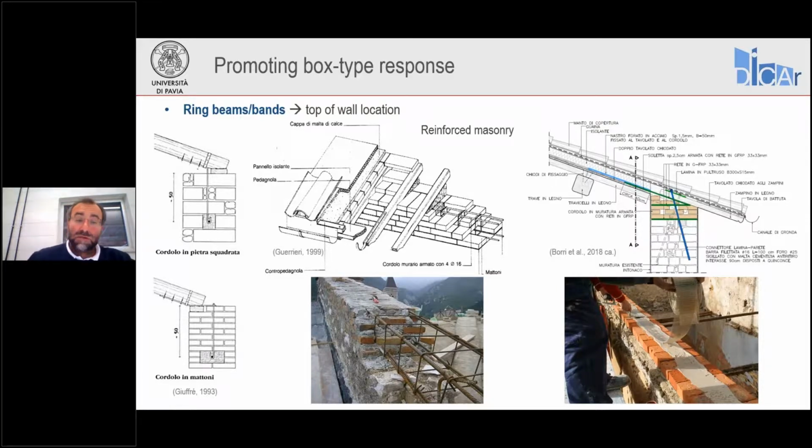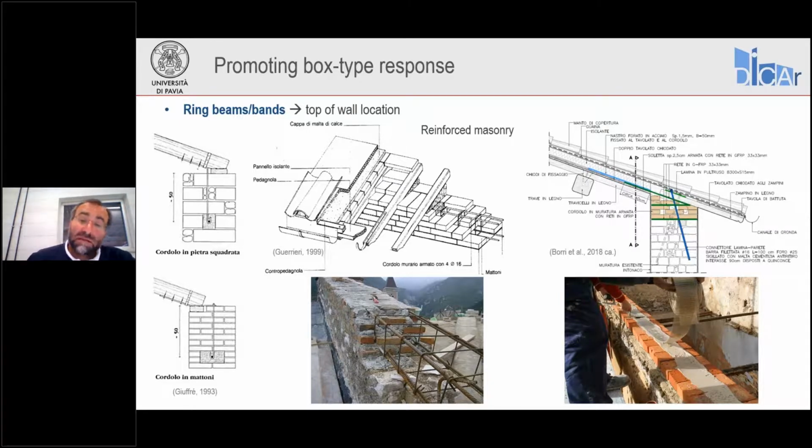And then we usually also have ring beams at the top of the walls, basically supporting the roof system. There are several solutions here. Probably the one most compatible with the existing materials are reinforced masonry ring beams. They can be reinforced in steel with individual bars or small cages. They can be made in brick, usually in brick masonry, even above stone masonry walls, since the stiffness of brick and stone masonry is somehow compatible.